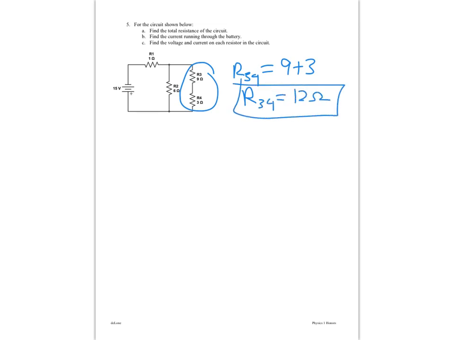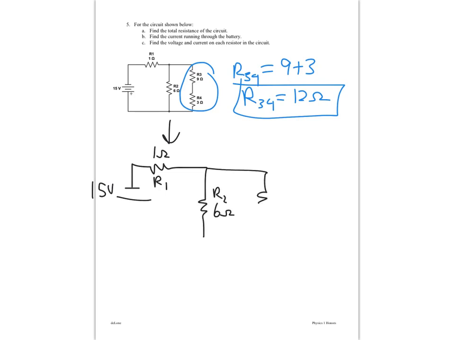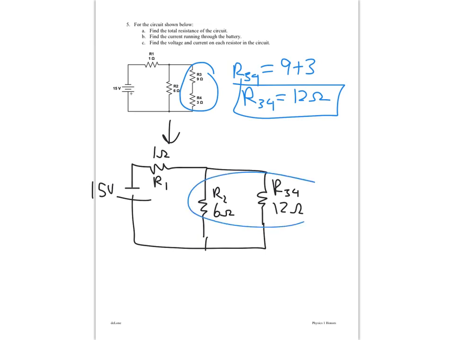From there, we can go ahead and redraw our circuit here. And so we have 15 volts connected to R1 here, which is 1 ohm. Then we have R2, which is 6 ohms. And we just found that R34 is 12 ohms. So we can look for our next simple combination, which is going to be these two in parallel.